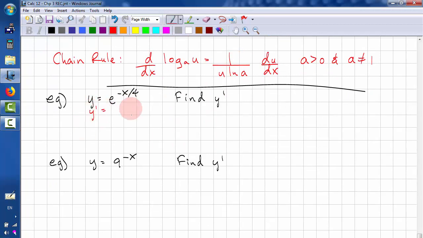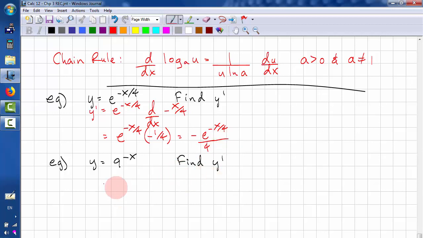Y prime equals e to the minus x over 4. And now we need d dx of negative x over 4. So this is e to the negative x over 4, negative 1/4. And again, we want to write this in common form.